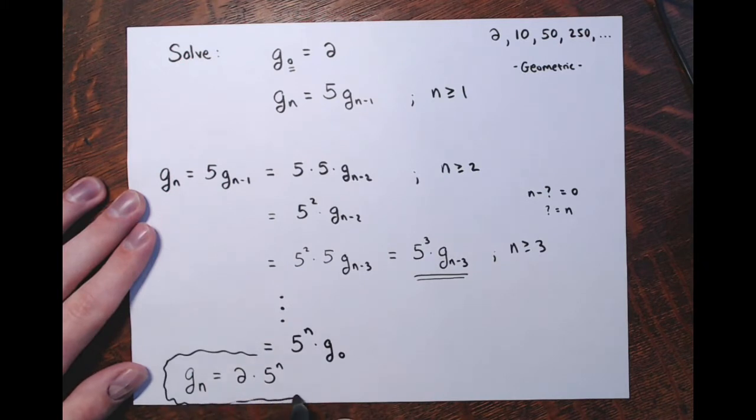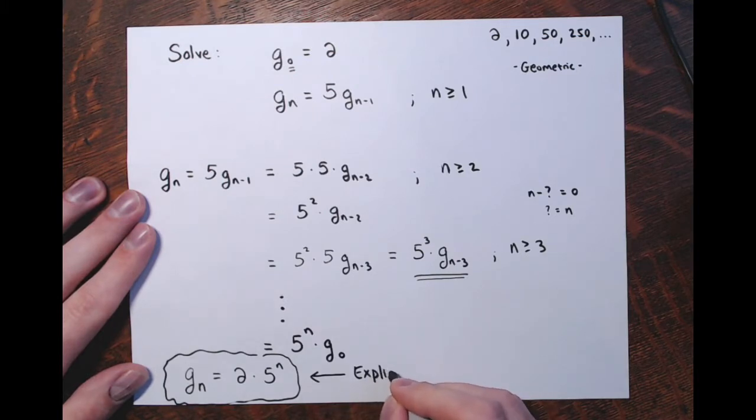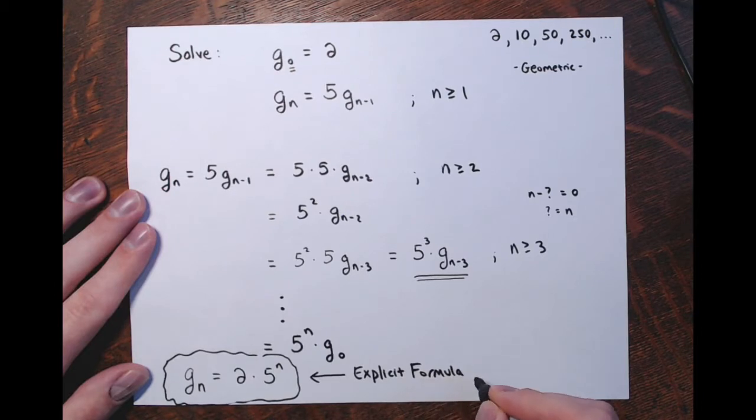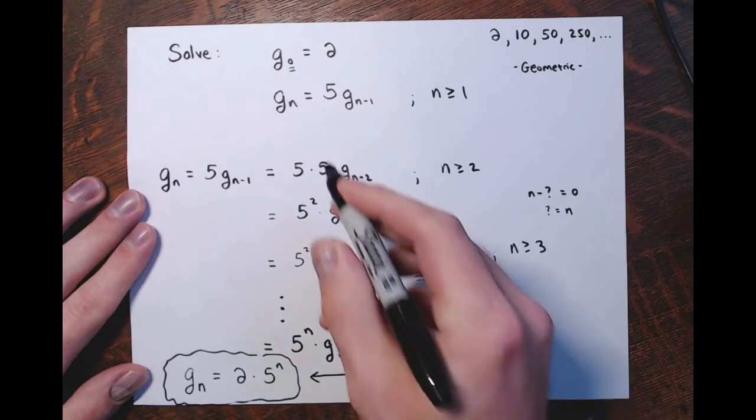And here is an explicit formula for the sequence called G. This explicit formula would be called the solution of the recurrence relation.